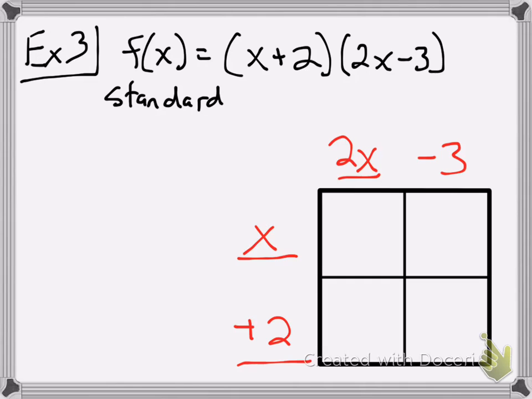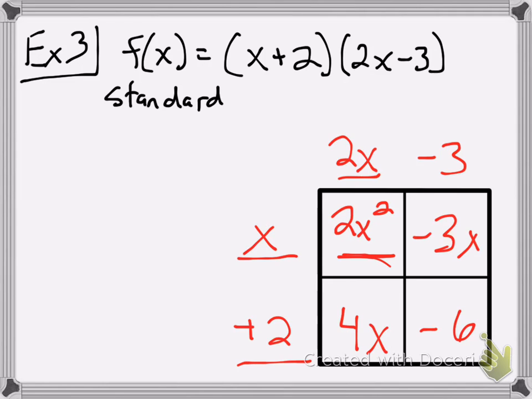And you fill it in like a multiplication table. If I'm looking at right here, well, I'm basically taking this x times 2x. Well, what's x times 2x? 2x squared. Okay? Let's go below that. 2 times 2x. Well, that's 4x. This will be negative 3x. And this will be negative 6. Always, if you have middle terms, you have to combine them.